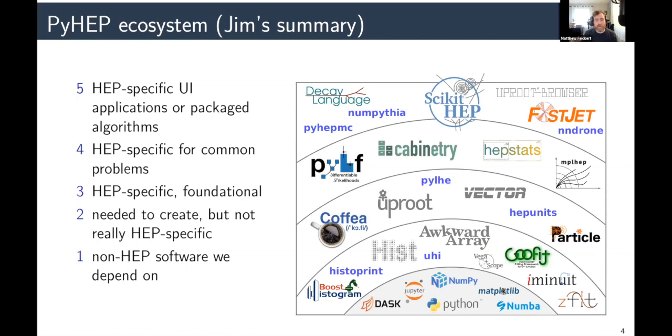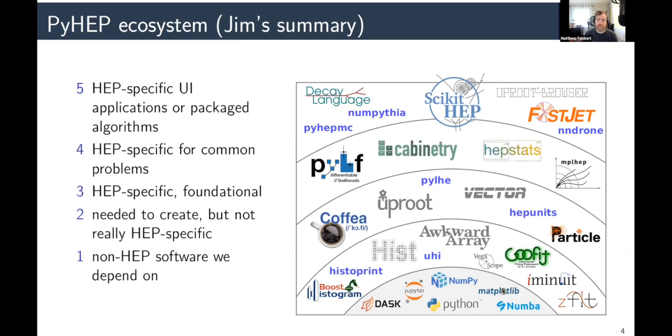In the third tier, we have things that really are very HEP flavored or HEP specific, but are also very foundational. Obviously, Uproot is building off of a story that Awkward started there, as well as things like Vector, which is Lorentz vector aware, and then Coffea as well.